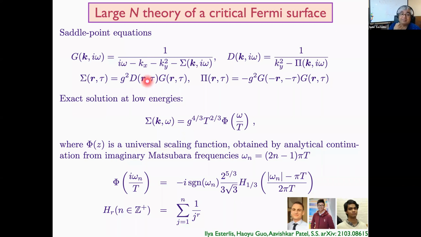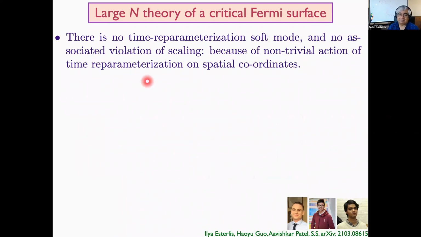Well, it turns out that doesn't happen here because of some interplay between the spatial and the time structure. This is where the fact that there is a momentum does become important. So this saddle point is actually more stable than in the SYK model. There's no soft mode that you have to worry about.